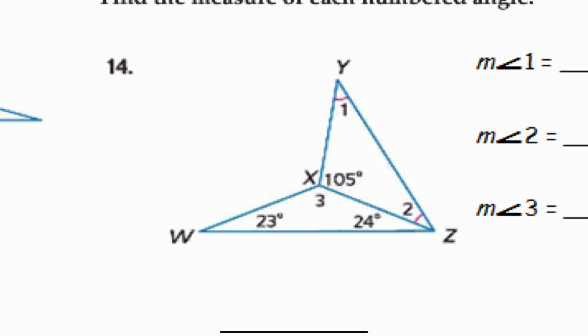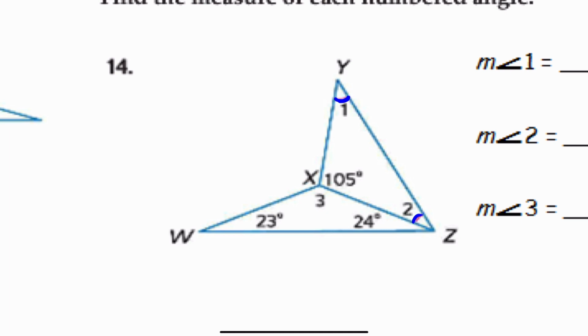And note that you're just going to have to think this through, because again, all the angles here add up to 180 degrees. Note the fact that this here and this here are congruent, right?